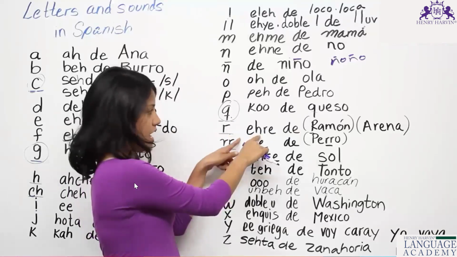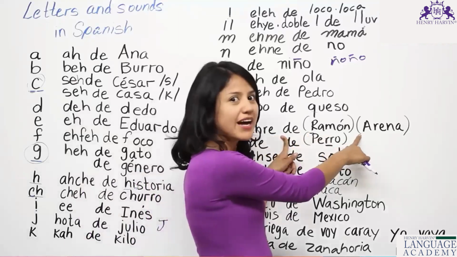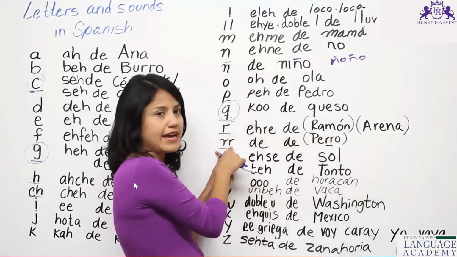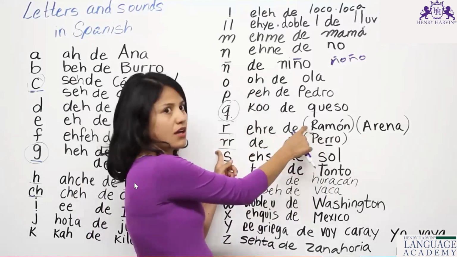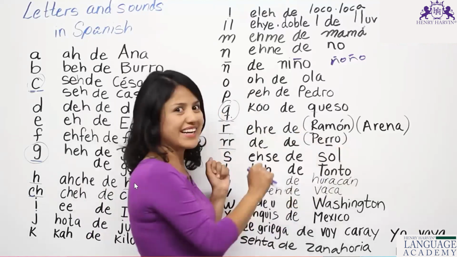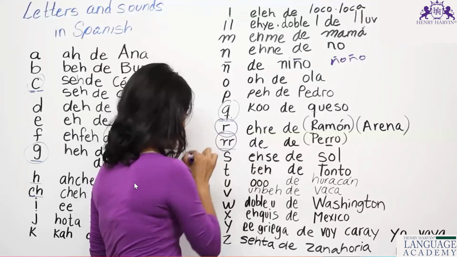R. R de Ramón. But R de arena. But doble R de perro, dog. Ramón, arena, perro. Oh, this is interesting.